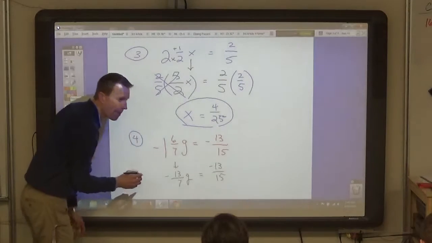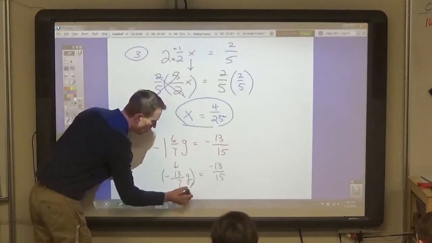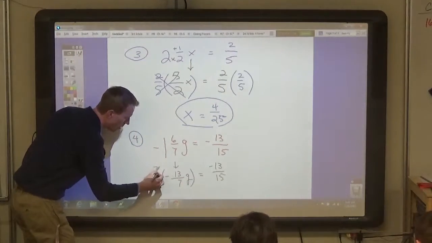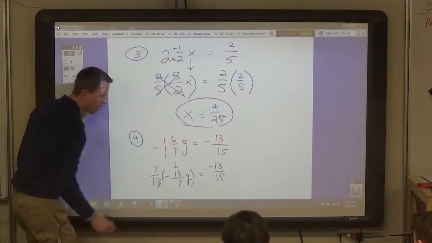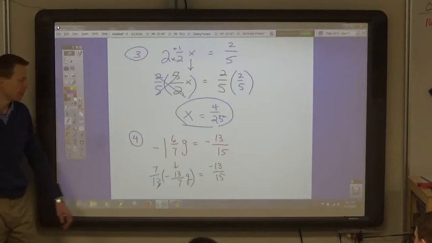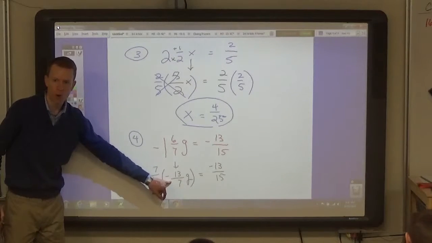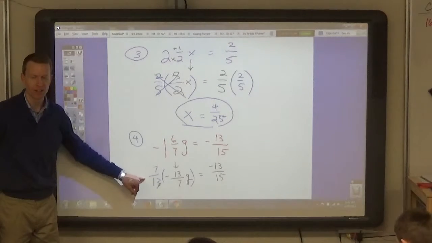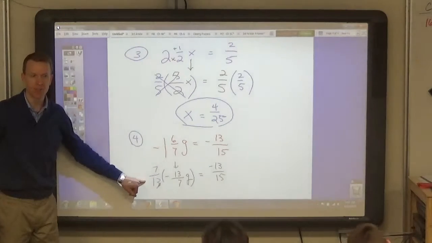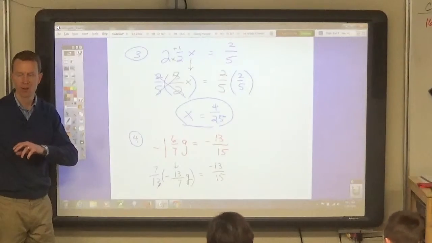Yep, use the reciprocal, but is the reciprocal positive or negative? No, we have to have a positive answer. So if the coefficient is negative, we have to use a what? A negative reciprocal to get a positive answer. Why, Asa?